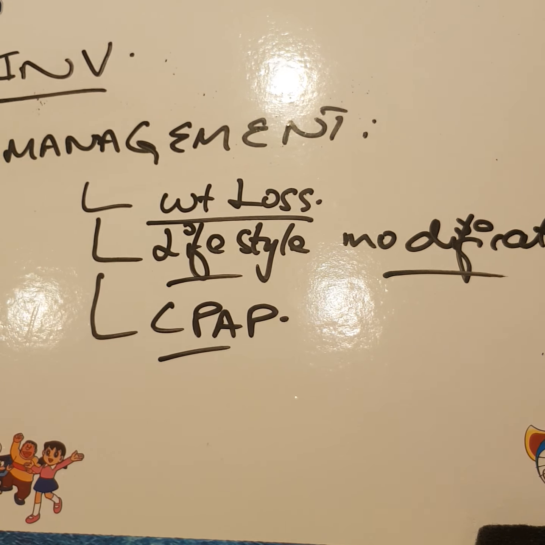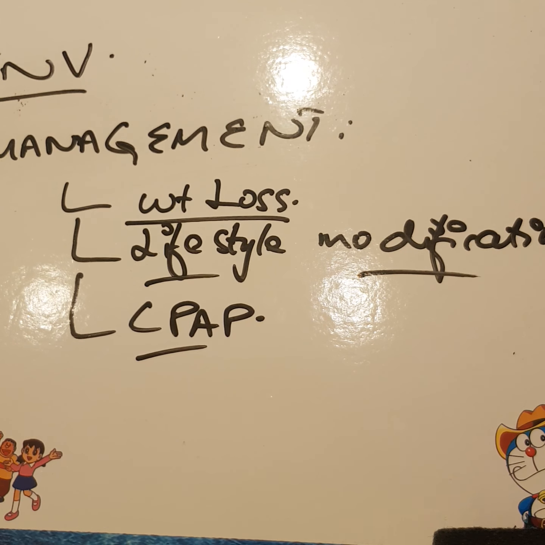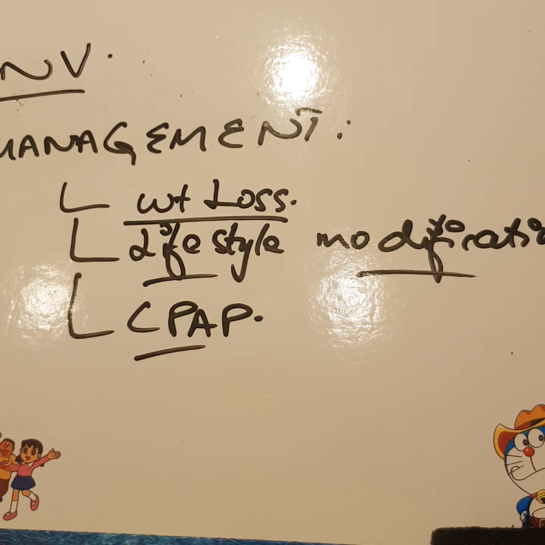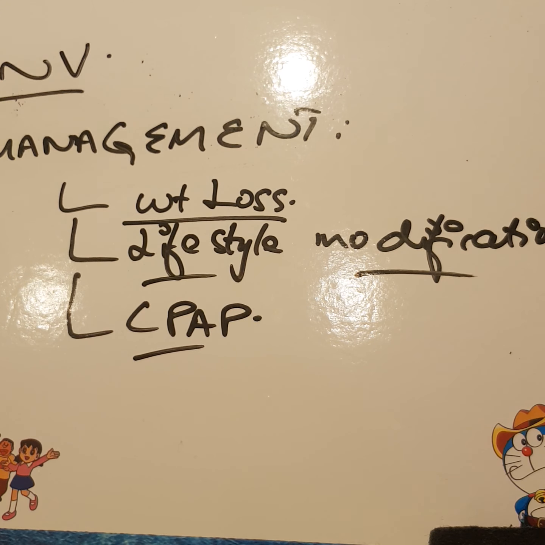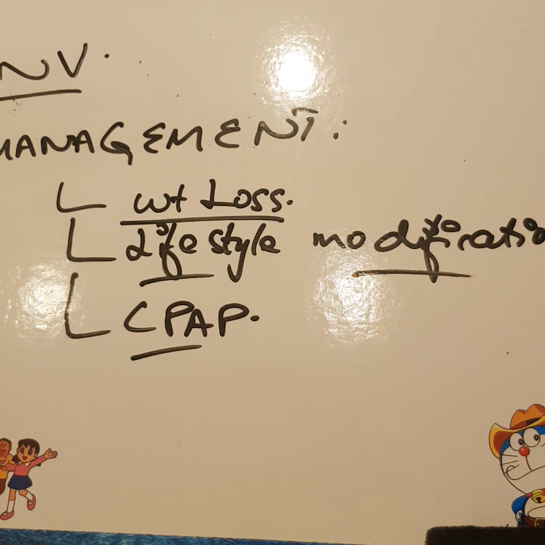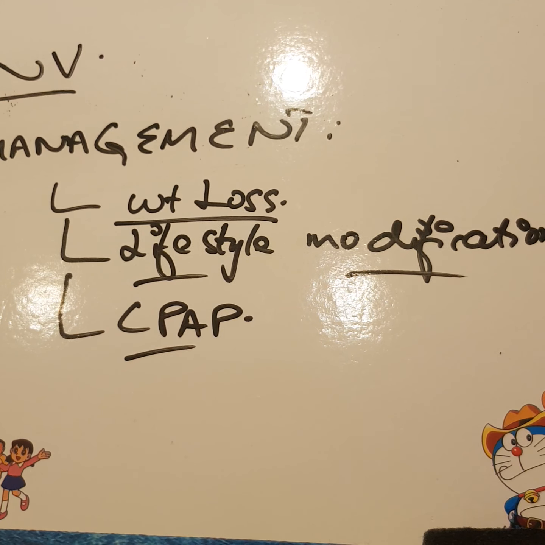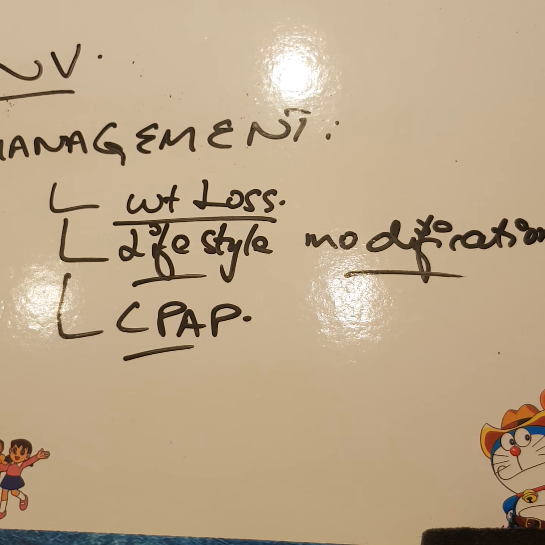Lifestyle modification can include elevation of the bed head, avoidance of supine posture, avoiding alcohol, tobacco, sedatives, and then lifestyle modifications can help you, and they can help you even more if you are reducing your weight. So significant weight loss has been associated with a cure rate of up to 10 to 20%. So it's a huge thing, especially if the person is obese.